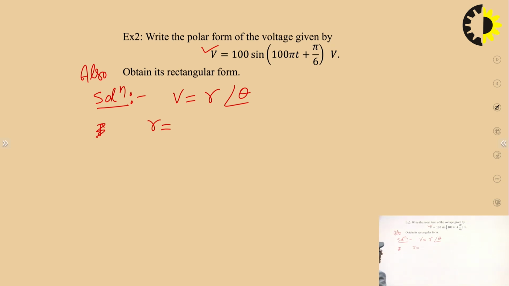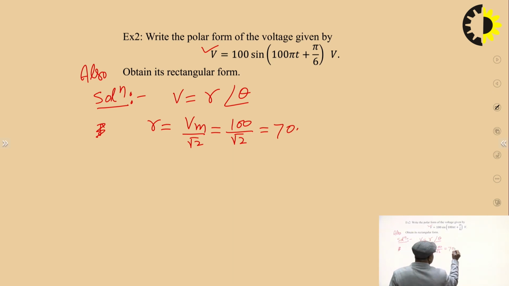We have explained earlier, R is the RMS value of the AC quantity. RMS value means peak value divided by root 2, so 100 divided by root 2. So the value of small r will be 70.71 volt.